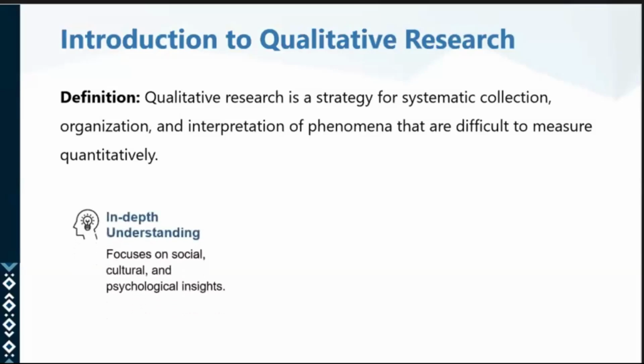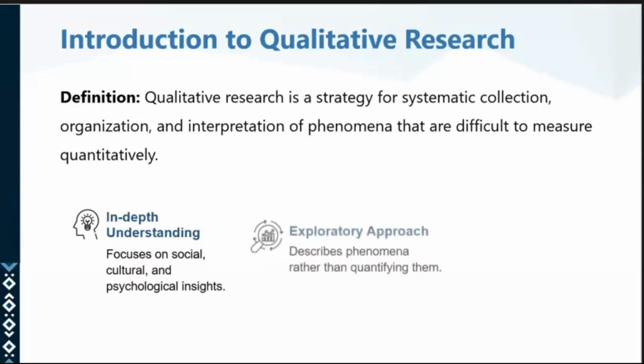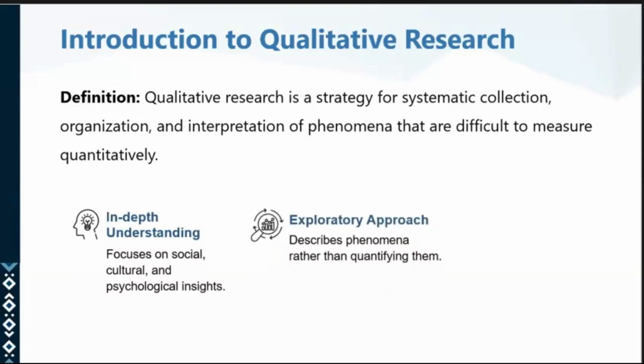It focuses mostly on social and cultural aspects and also psychological insight. It also focuses on an exploratory approach, which means describing a phenomenon rather than quantifying it. The data we usually have here are text data, images, sounds, and more.